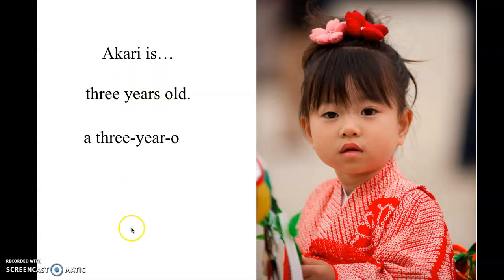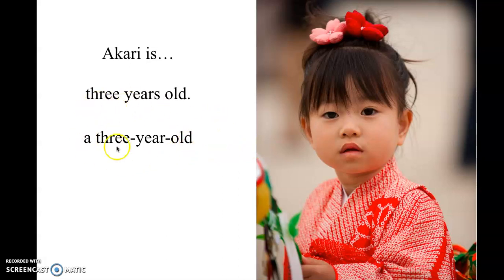We could also say that Akari is a 3-year-old. This now is one item, right? Notice the hyphens tying these words together, right? A 3-year-old and no S. We could say girl here, right? Akari is a 3-year-old girl.